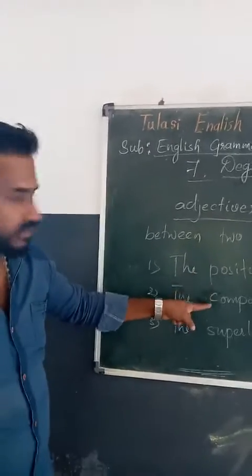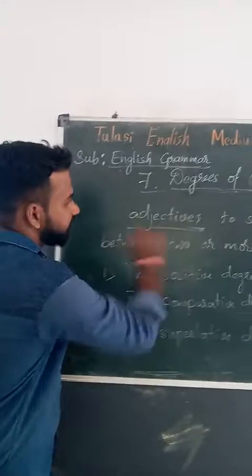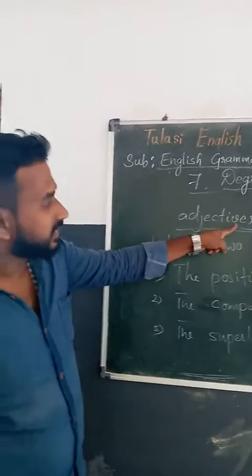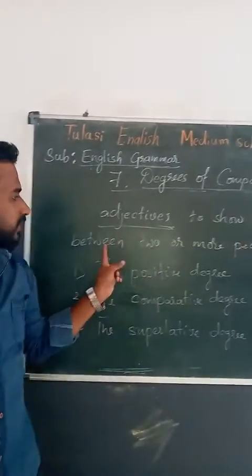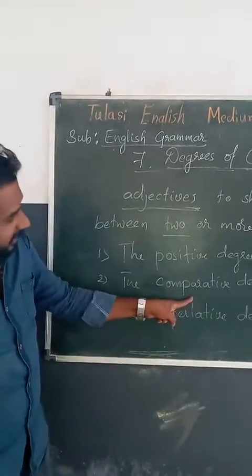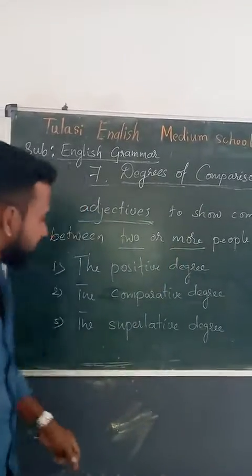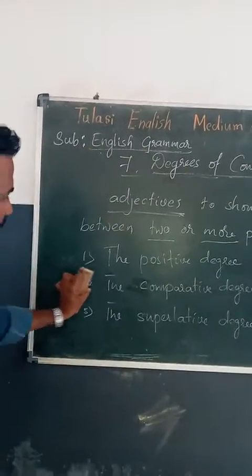In all these degrees of comparison, we use adjectives to show the comparison between two or more. See, in comparative degree, we use this two here more. We will learn one by one. First one, the positive degree.